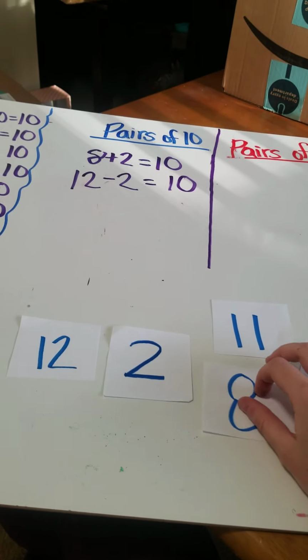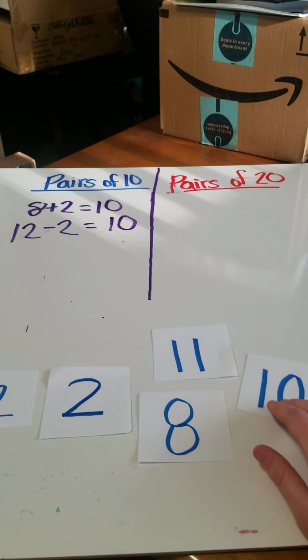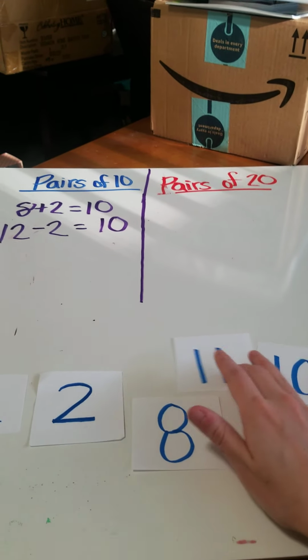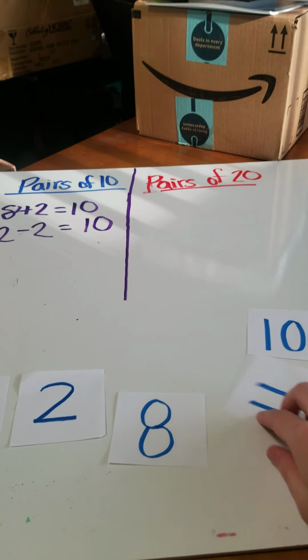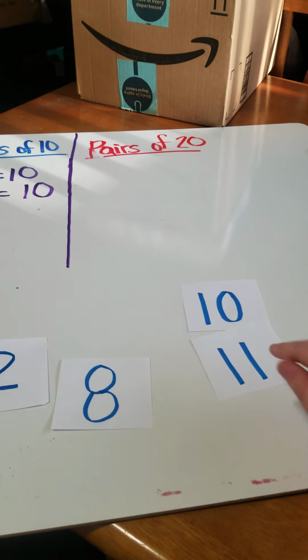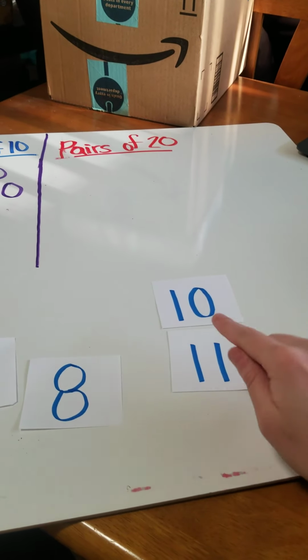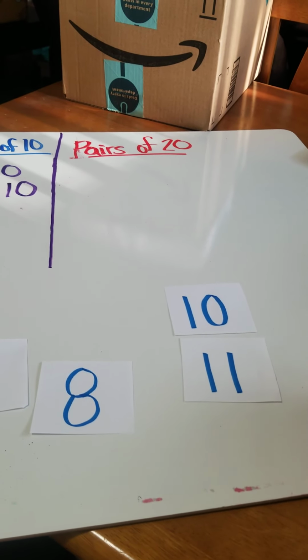Well, let's see. What about 10 and 11? What does 10 plus 11 equal? For my friends that know our pairs of 20, they know 10 plus 10 equals 20. So can 10 plus 11 equal 20?